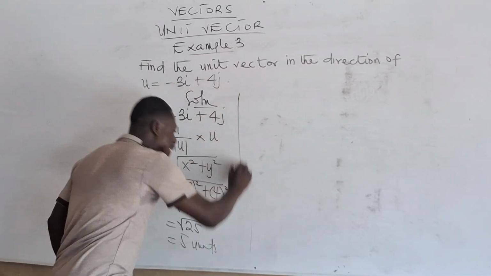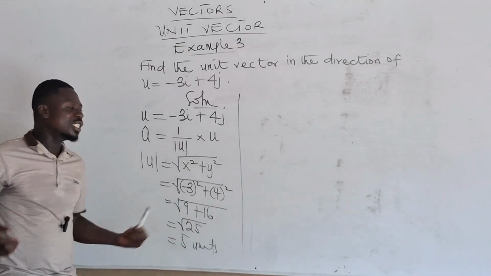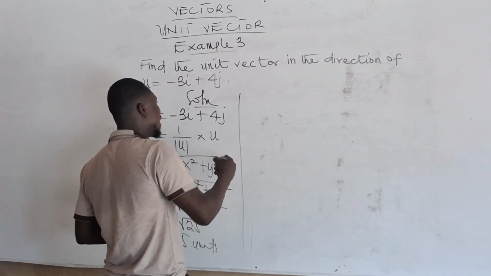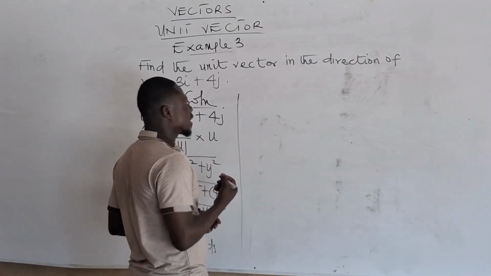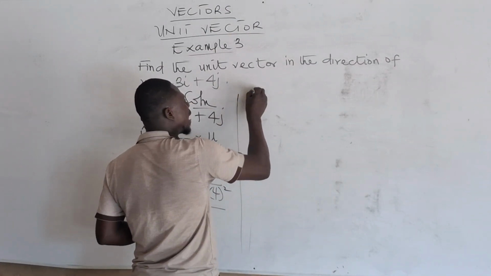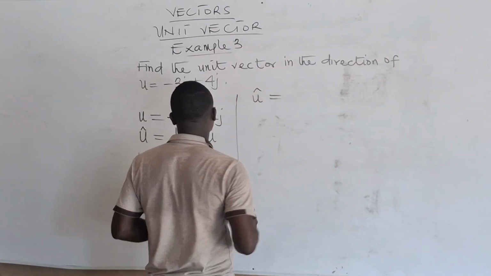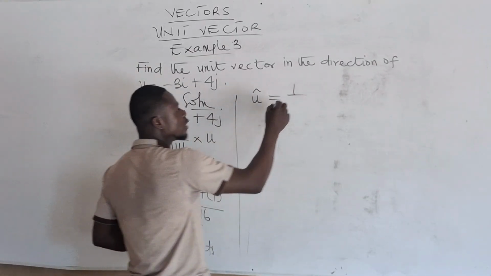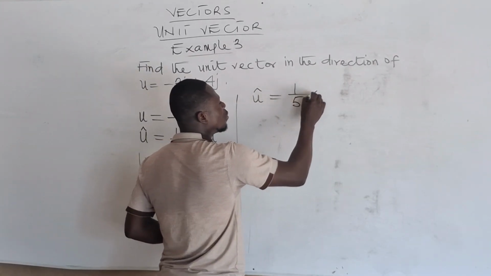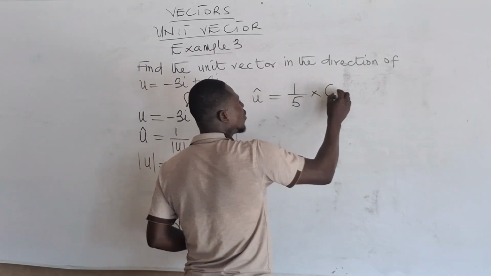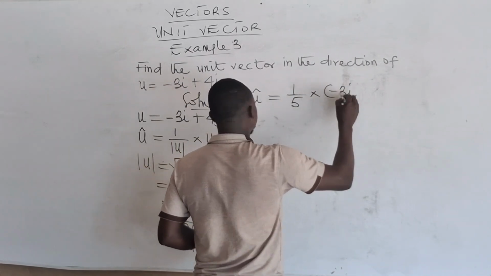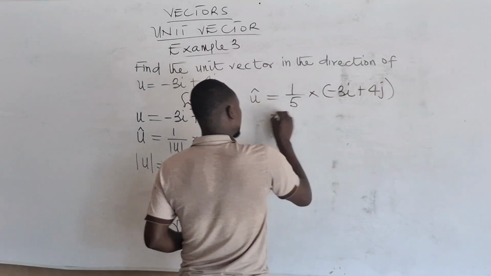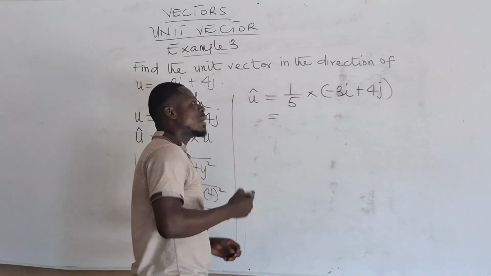Now, having obtained the magnitude of u, which is 5 units, we will find the unit vector of the vector u by using the formula u cap is equal to 1 on the magnitude, and the magnitude is 5. So 1 on 5 multiplying the vector itself, negative 3i plus 4j. So the scalar here will be multiplied by each of them.